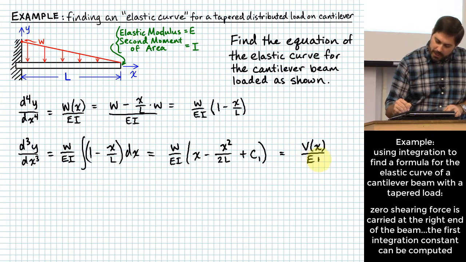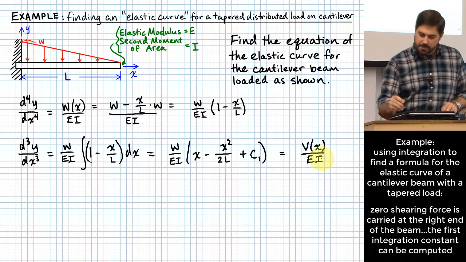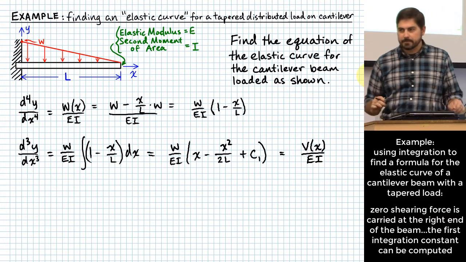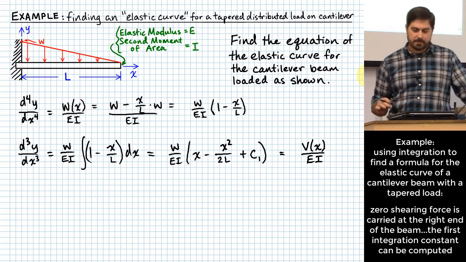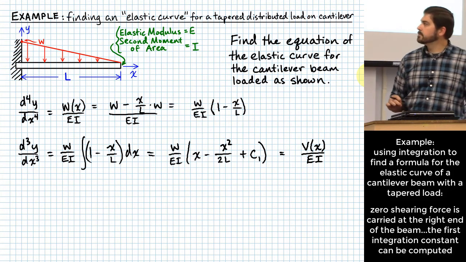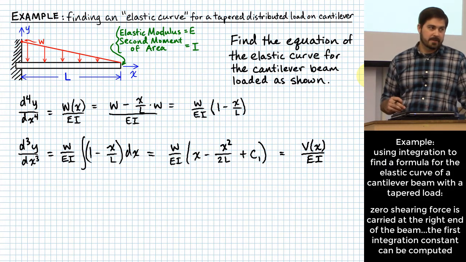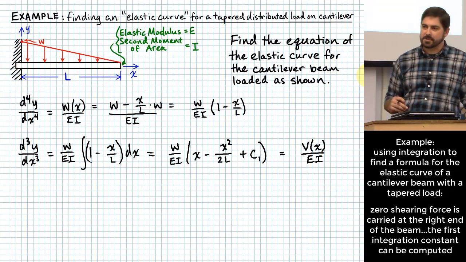Do we know anything about shearing force at any particular location along the beam's length? Where do we know something about shearing force? When x is 0, we might be able to find it. Where it's easier to find it is x equal L. What's my shearing force at x equal L?